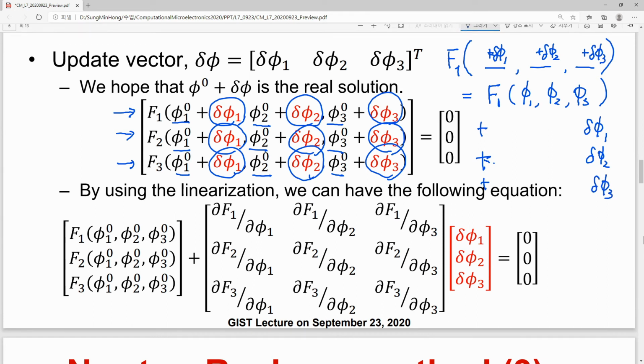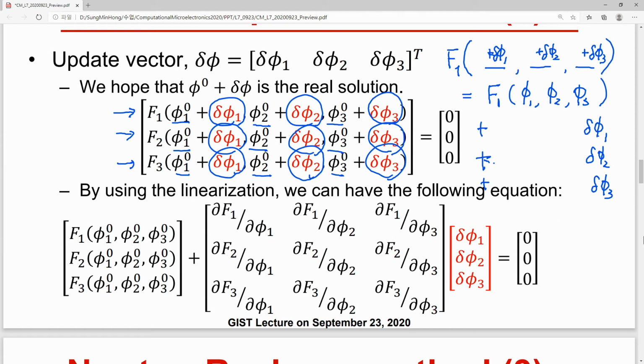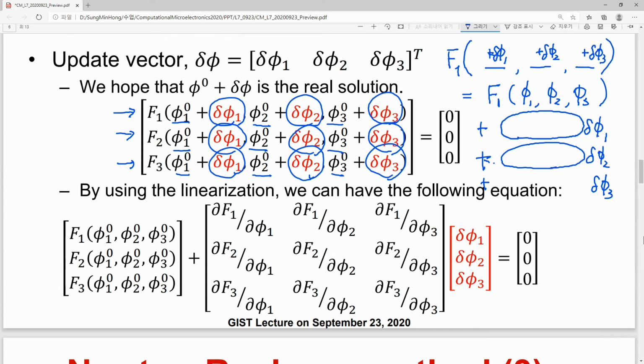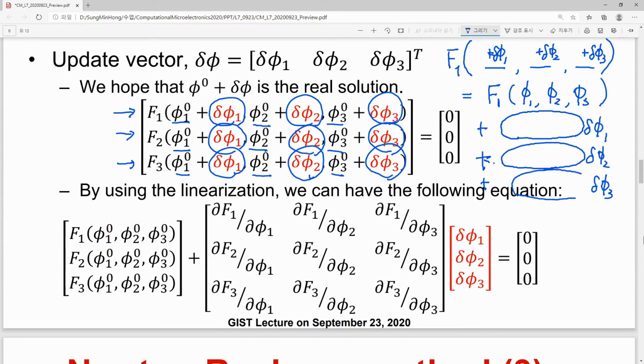So what is the value required for this position? And what is the value required for this position? And what is the value required for this position?